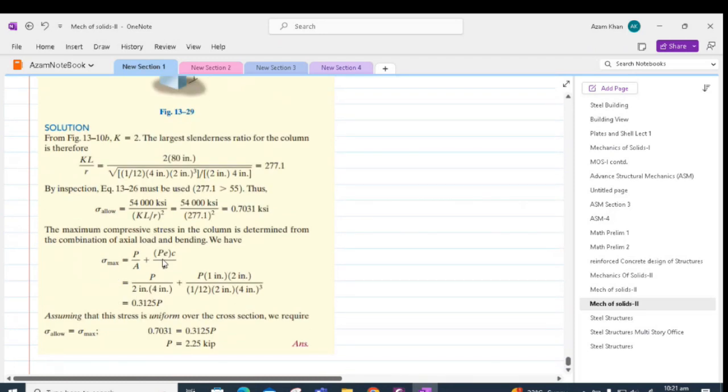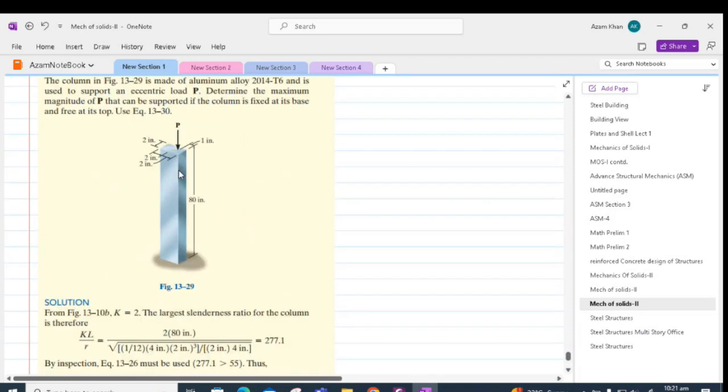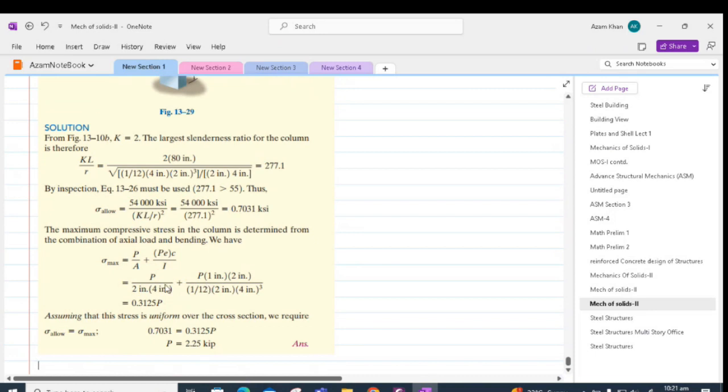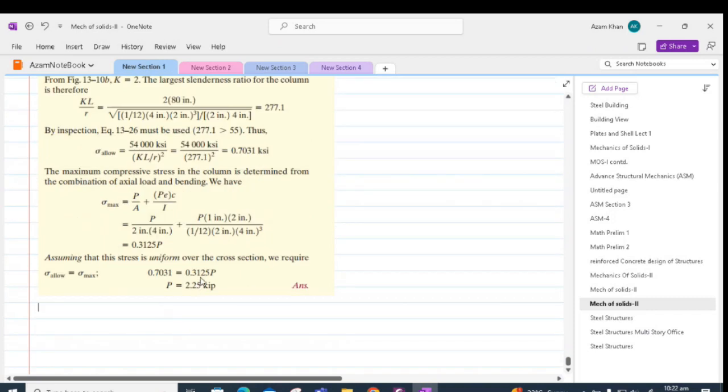The eccentric moment PE will come out to be in terms of P. We already know the eccentricity as we know the location of this load on the cross section, and the moment of inertia of this cross section can easily be found. So everything is known, and this equation will come out to be in terms of P. Now we can compare this equation with the allowable stress determined earlier, and from there we will get P equal to 2.25 kips.